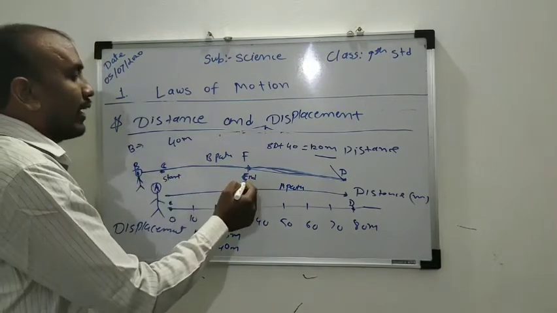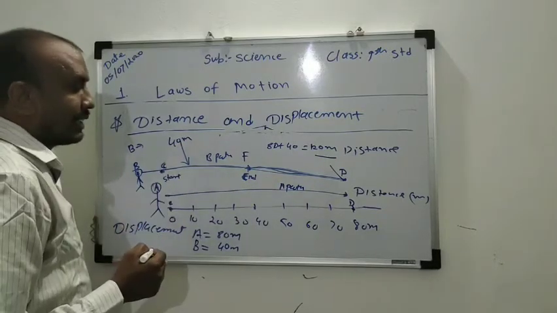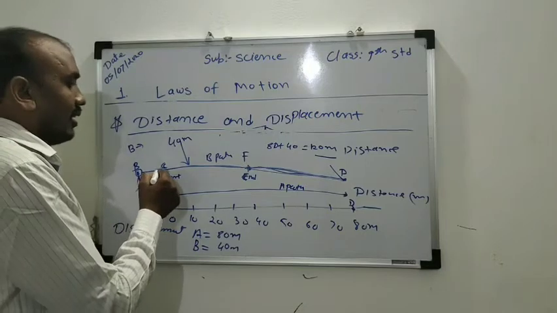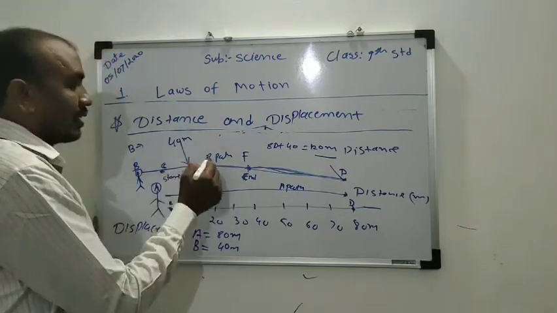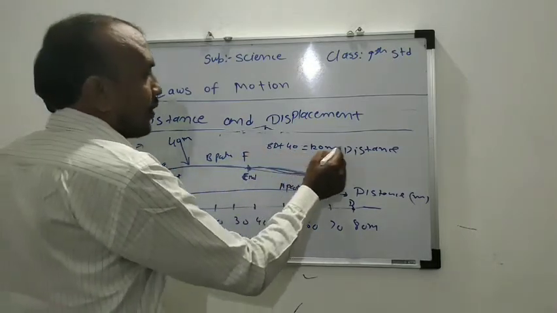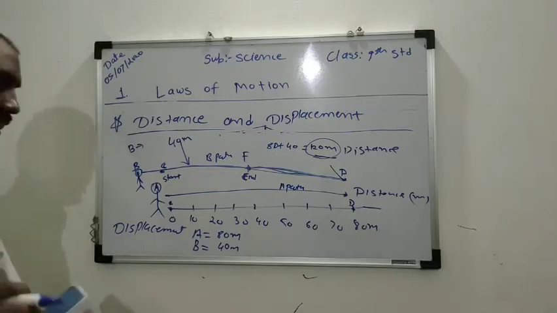From start to end, he only travels a 40 meter distance. While the distance is 120 meters. Means the shortest distance is the displacement and the actual length traveled along the path is the distance. So did you understand that concept?